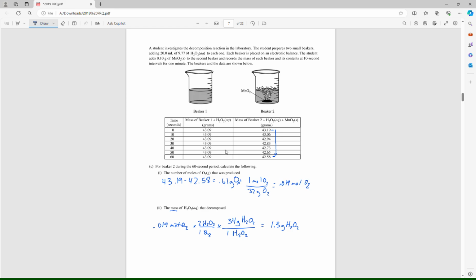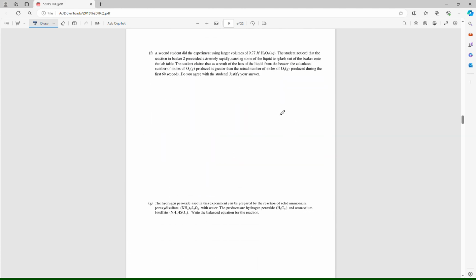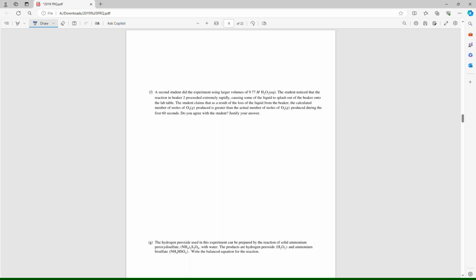If we recall, our O2 moles was dependent on mass lost, and all of a sudden we're losing more mass because we splashed, it's going to mean that the mass changed more. So we would agree with the student because the moles of O2 is dependent on mass, and we lost mass when it was splashed out, which would produce a greater number of moles of O2.